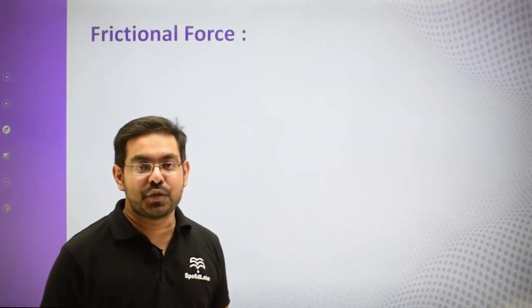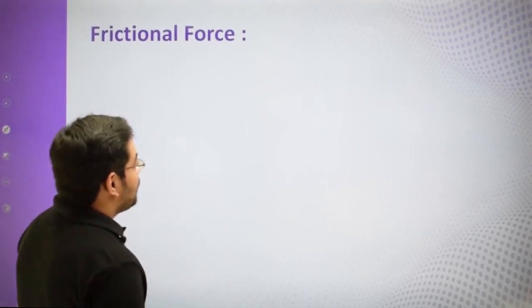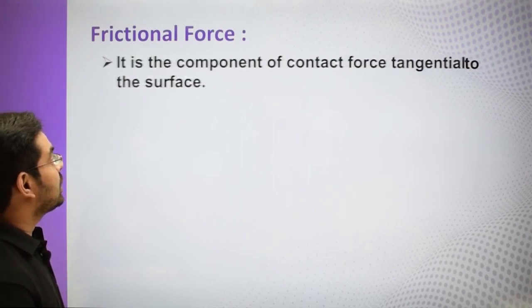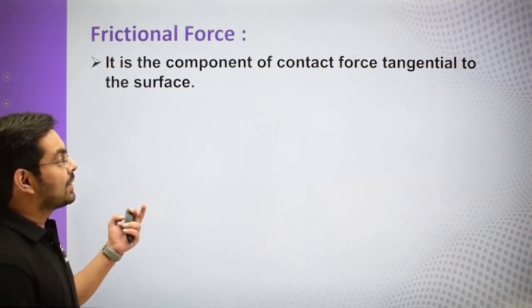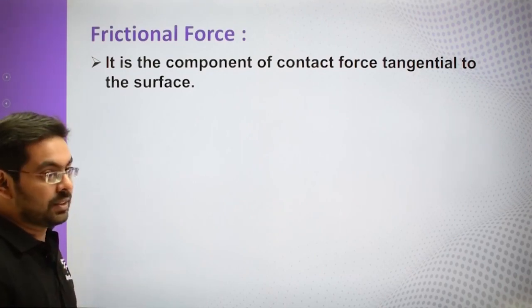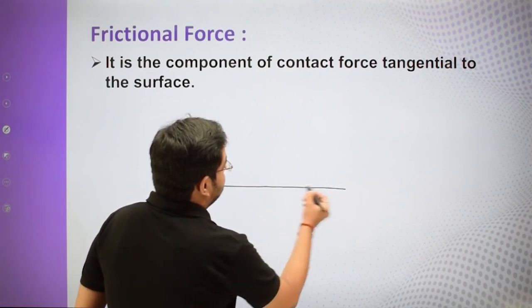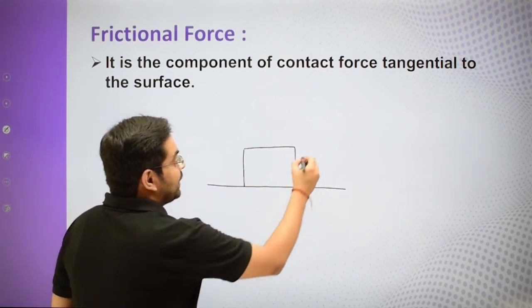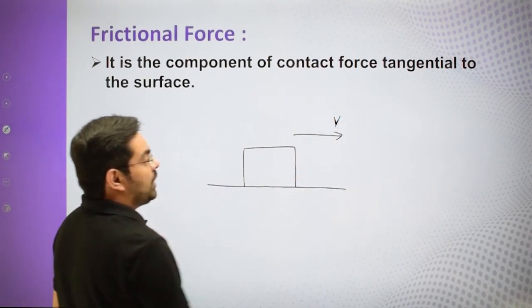The next contact force we will discuss is frictional force. So what is frictional force? We should understand first. It is the component of contact force tangential to the surface. Suppose there is a block and it is moving in this direction, suppose with speed v.